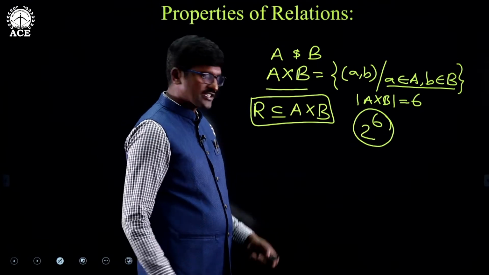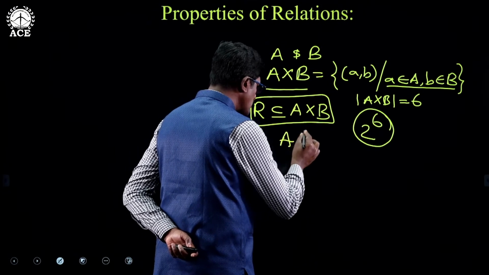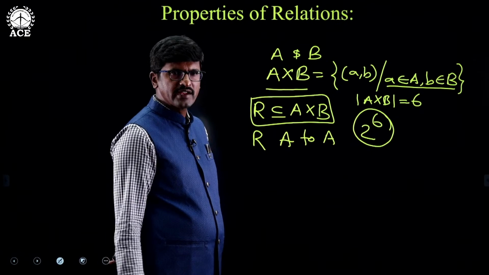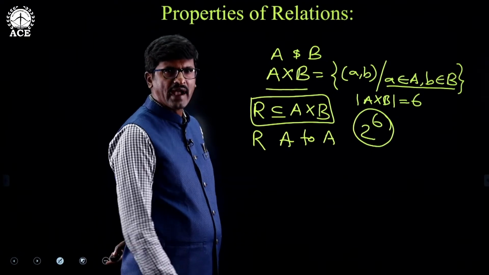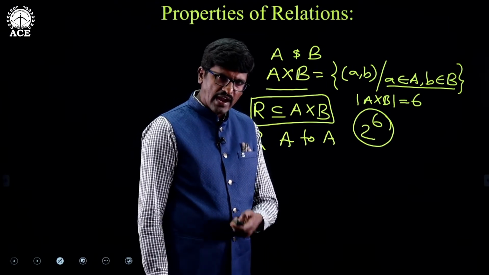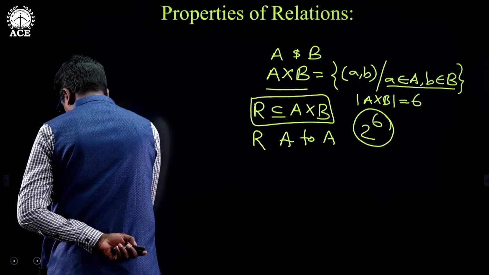Now binary relation. Any relation which is defined from A to A itself is called a binary relation. So this is about the relation and binary relation. Now we are going to discuss the properties of the relations.